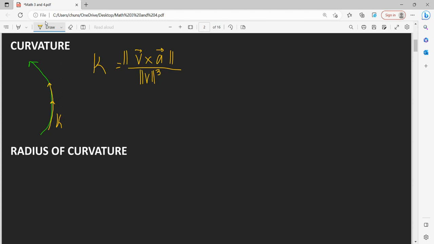So this is our curvature K, and this follows curve C, same direction. And it defines how rapidly a curve turns, or how rapid a tangent turns, sorry.